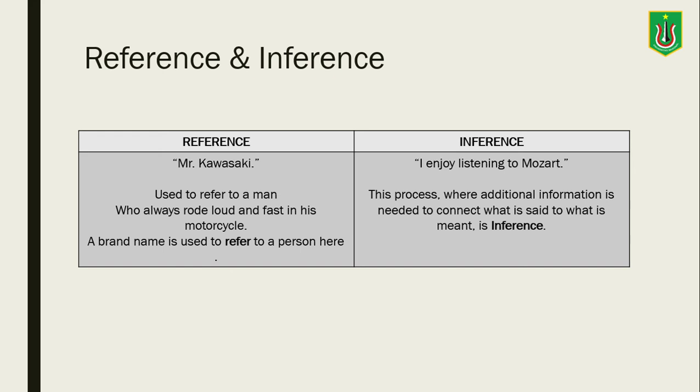A brand name, Kawasaki, here is used to refer to a person. Meanwhile, in inference, "I enjoy listening to Mozart." This is the process where additional information is needed to connect what is said to what is meant. It is inference.